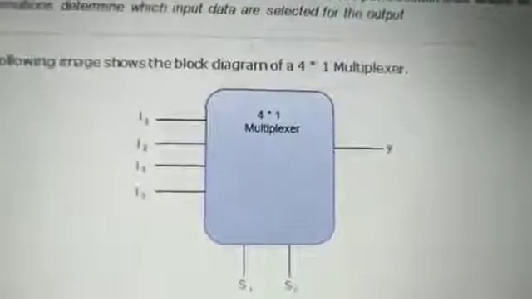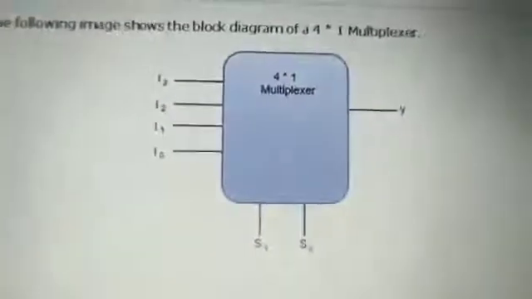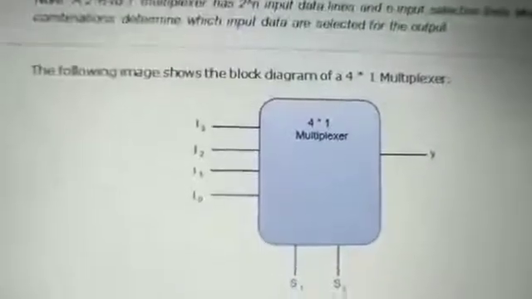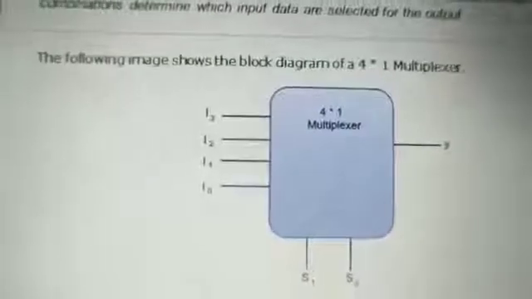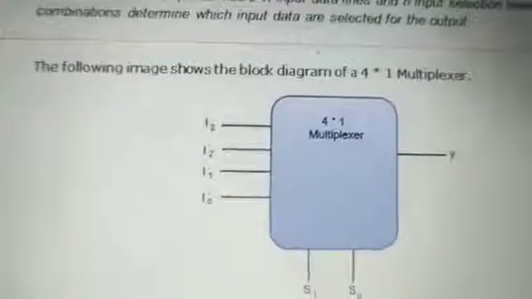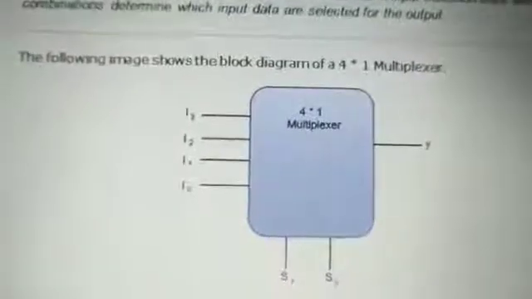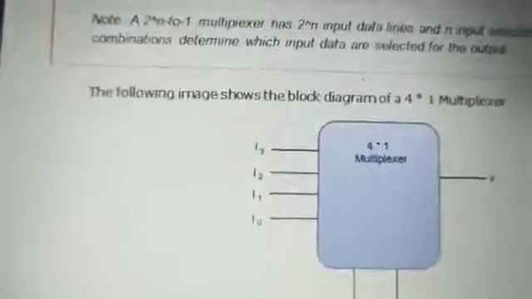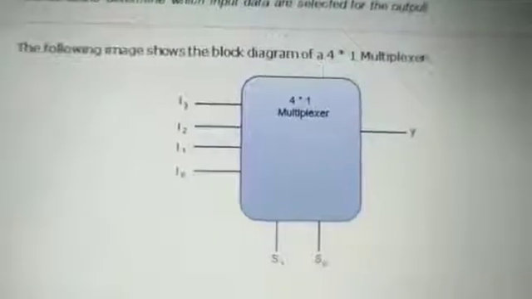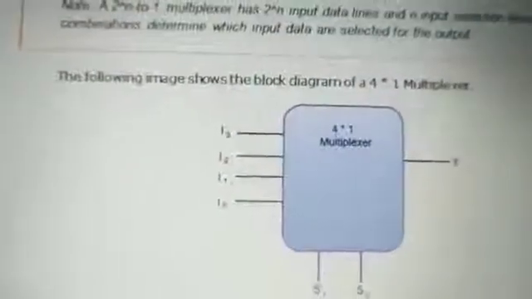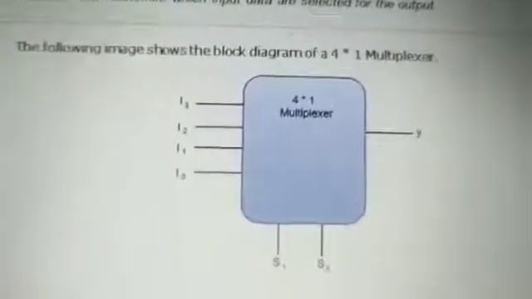So there are 4 inputs and only one output, and 2 select lines. What is the purpose of the select line? The select line will help to select which input will pass through the circuit so that I will get the output. This is the function of the select lines S0 and S1. This is the block diagram for a 1 cross 4 multiplexer.